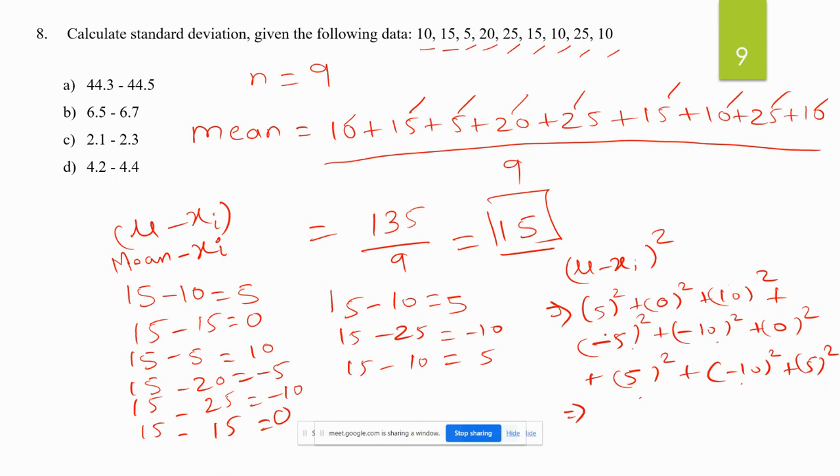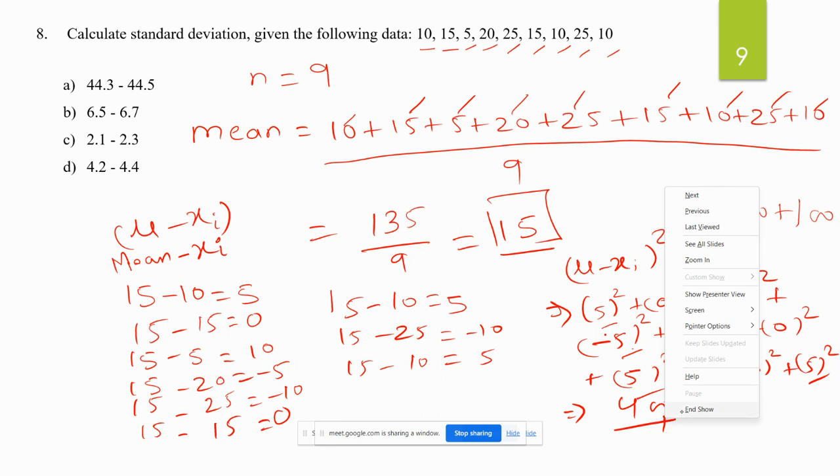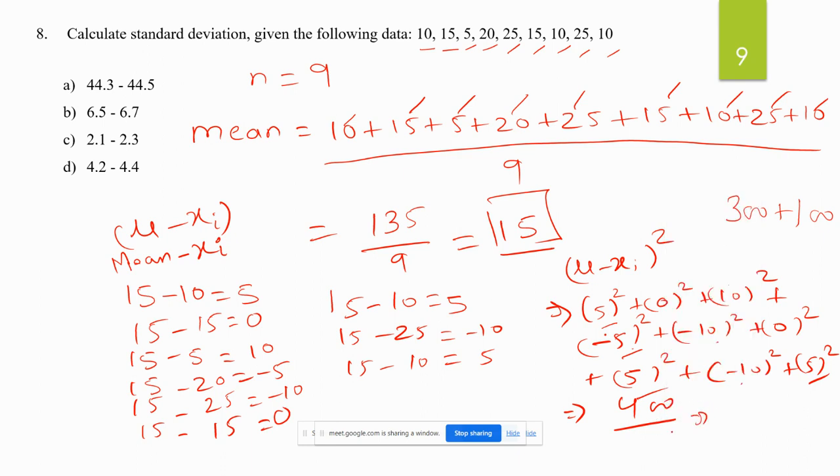In total there are 9 terms, so the sum is 400. If sigma square is 400 by 9, which is 20 square by 3 square, then sigma is the root of 400 by 9, so we get 6.67. So our answer will be B.